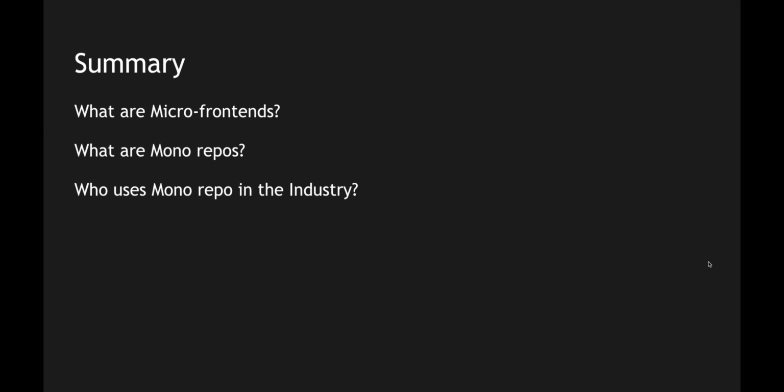I'll just summarize what we just discussed. We saw what are microfrontends. Microfrontends are a way to create scalable front-end architectures. Using monorepos, you can create multiple microfrontend applications and store them within a single repository and have different life cycles for deploying these individual microfrontends into your corresponding runtimes. We saw different companies using monorepo in the industry by leveraging organizational monorepo or project level monorepo.